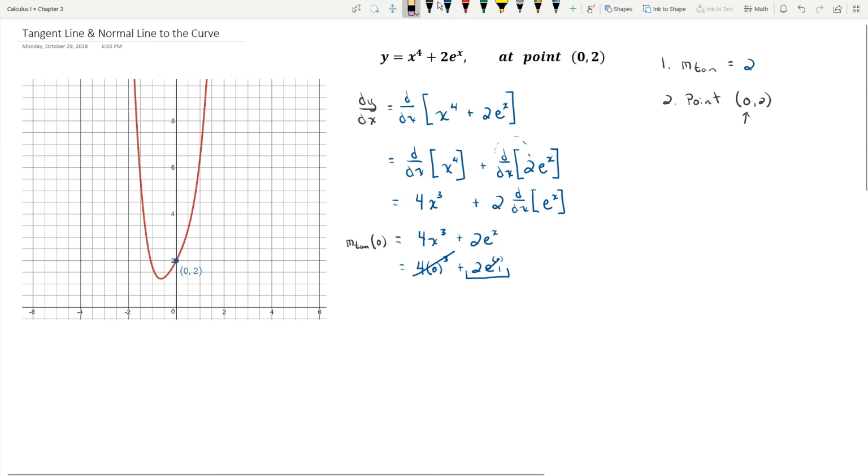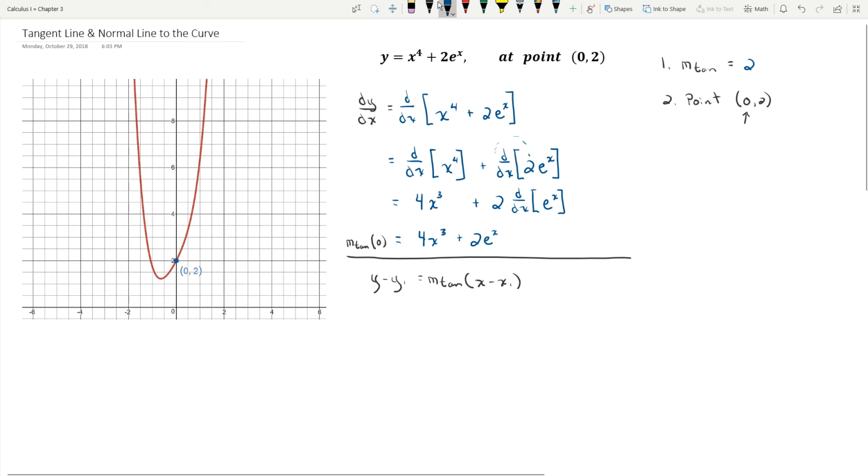And now that we have our slope, we have our point, it was given, we can go ahead and create the equation of the tangent line at point 0,2. So we will begin with point slope, which is y minus y1 is equal to slope of tangent multiplied by x minus x1.